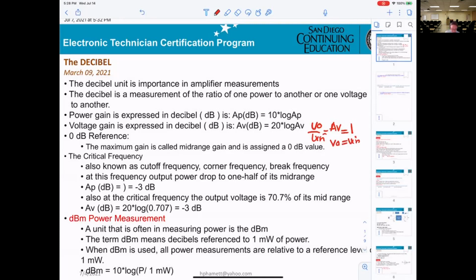And now, if you take 20 log of 1, what do you think you get? How many dB? 0. 0 dB.